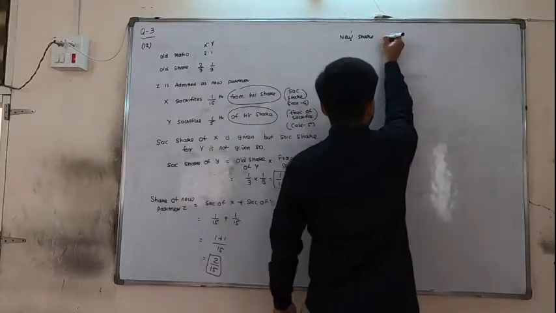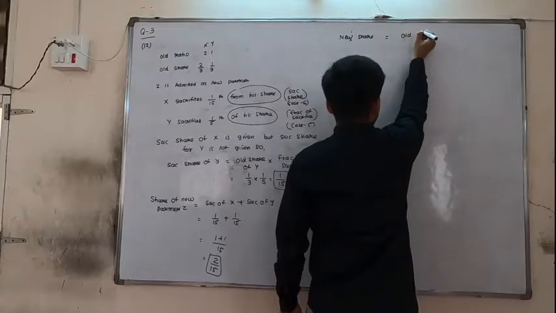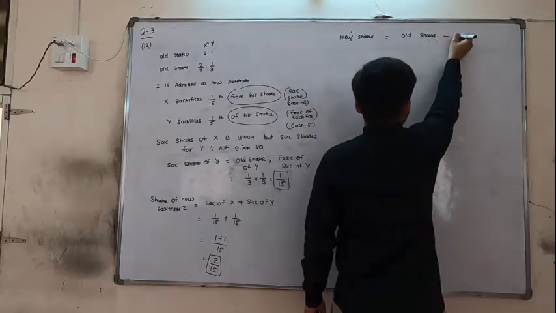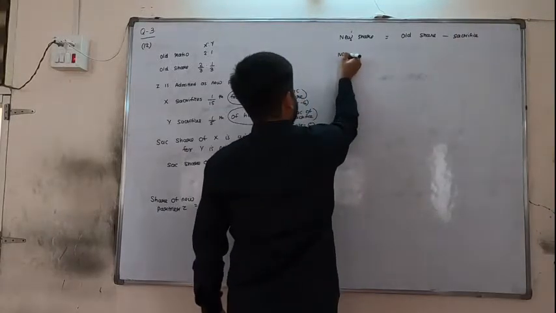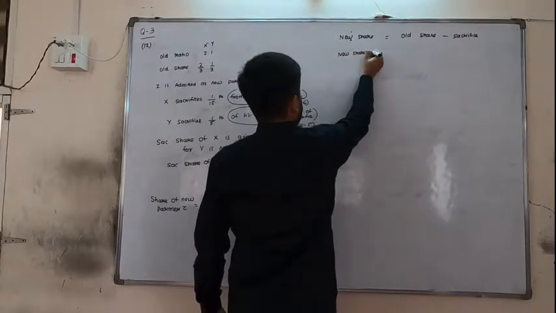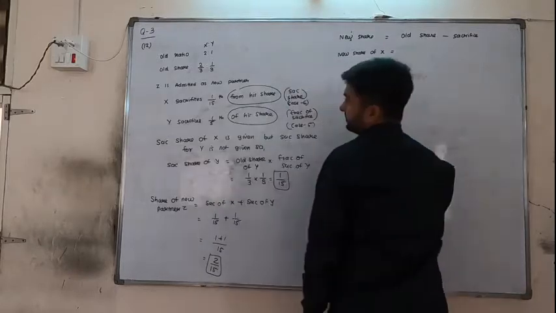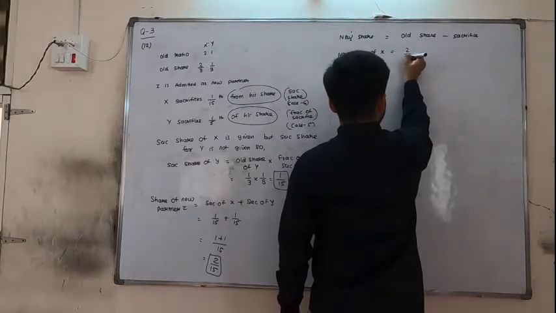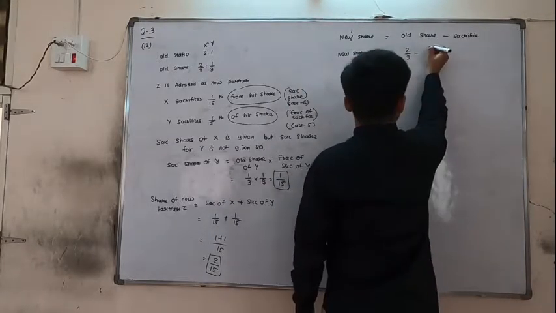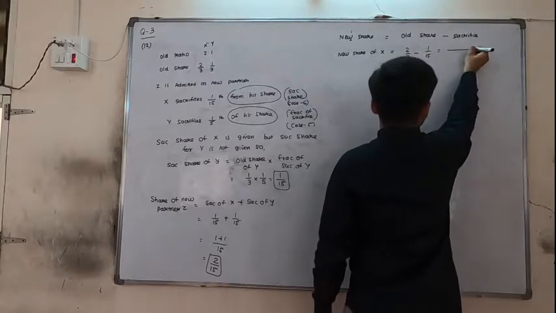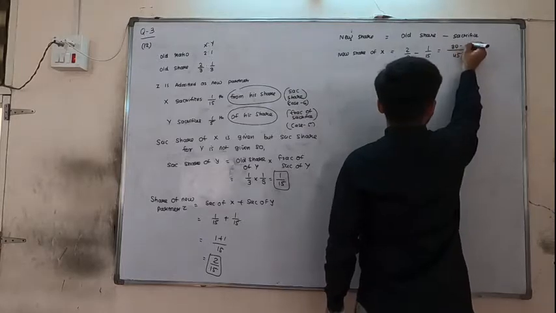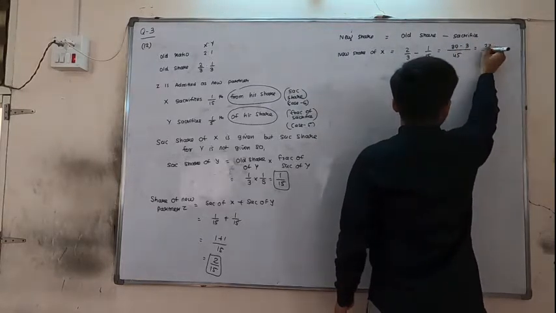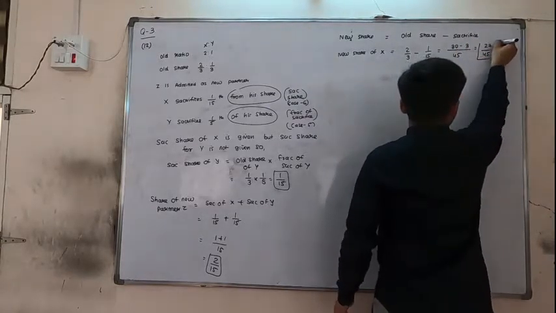So new share is equal to old share minus sacrifice. New share of X: old share of X is 2/3, sacrifice of X is 1/15. 15 3s are 45, 15 2s are 30, 3 1s are 3, so 27/45.